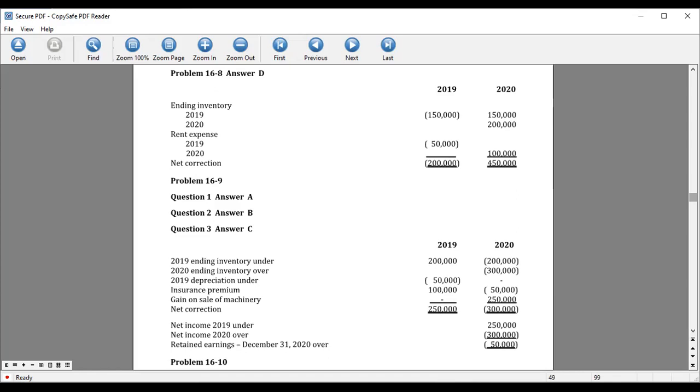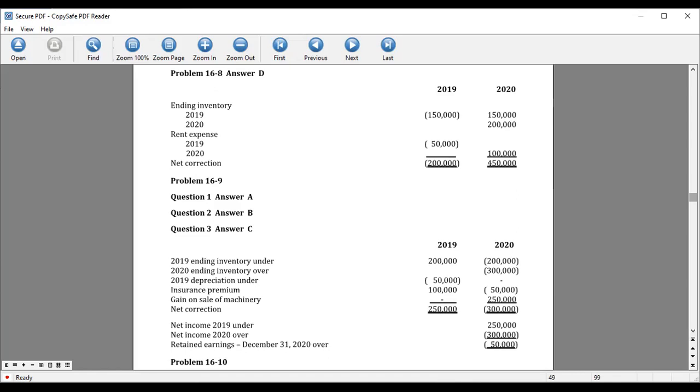The entry made was a debit to insurance expense of 150,000 and a credit to cash. The correct entry is to debit insurance expense only for 50,000, and then debit prepaid insurance for 100,000 and credit cash.